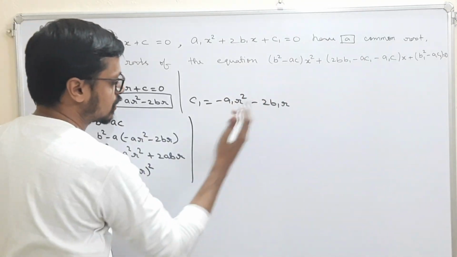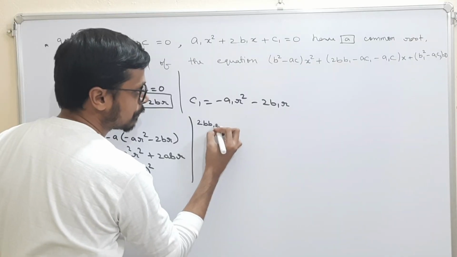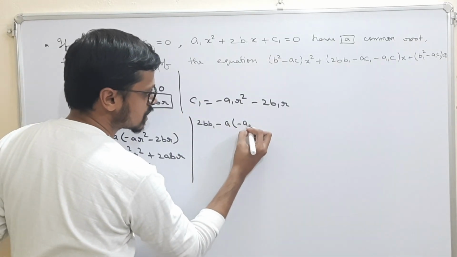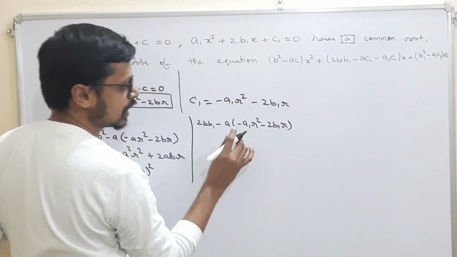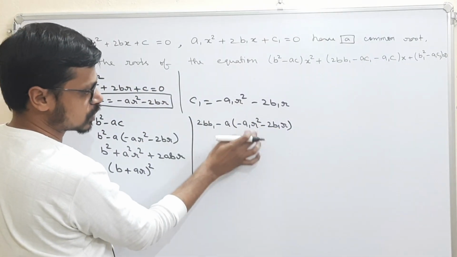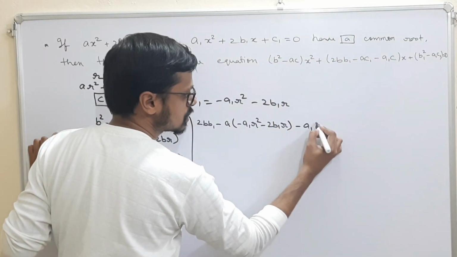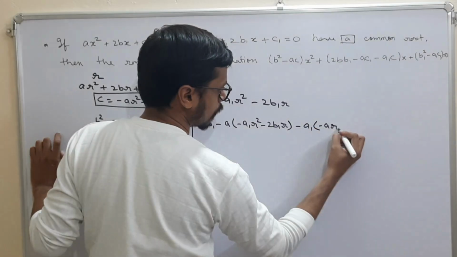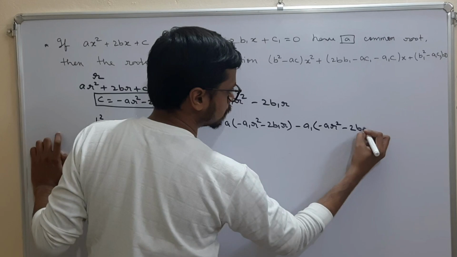Now this second term we are going to solve. If you see carefully here, 2bb1 minus ac1. What is the c1 value, students? It is minus a1 r square minus 2b1r, right? So this one is the value of c1. So c1 I have substituted from here, and then we have minus a1 times the c value, which is minus ar square minus 2br.